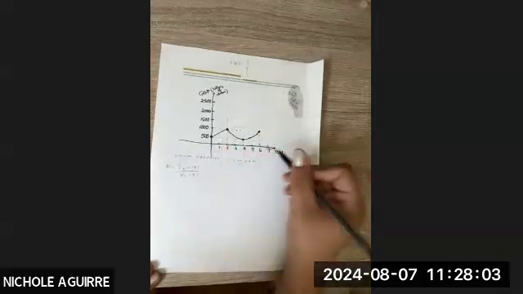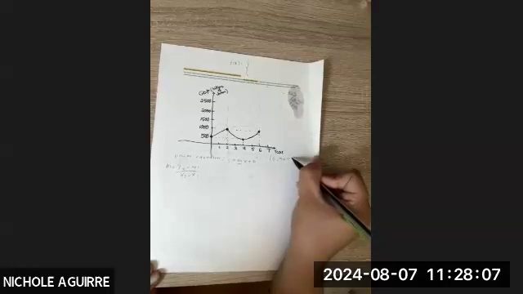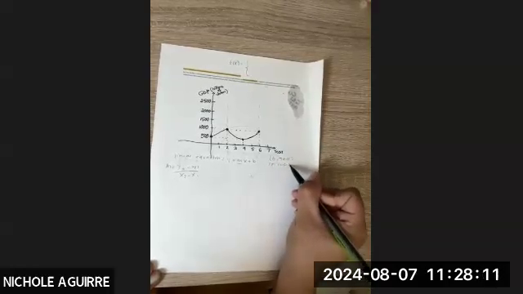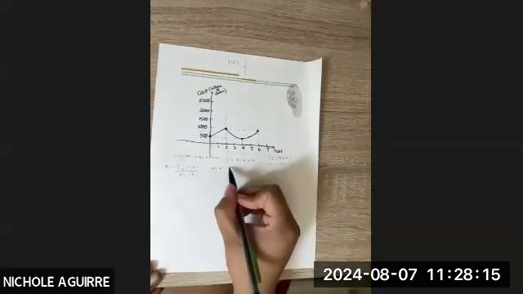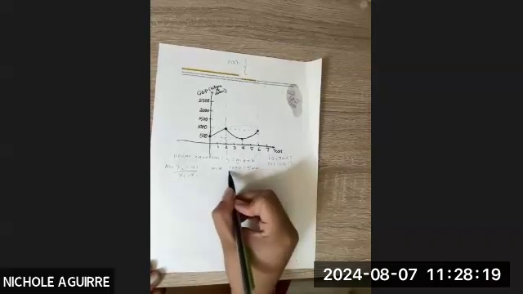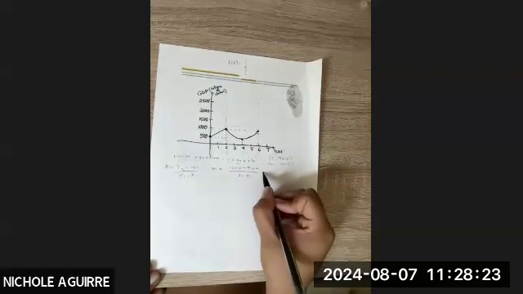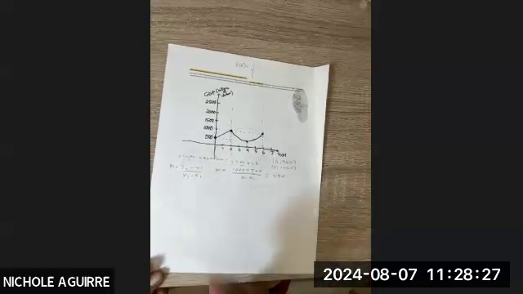The points we're going to identify are (0, 500) and (2, 1,000). So this would be 1,000 minus 500 over 2 minus 0, which ultimately equals 250 for the slope.